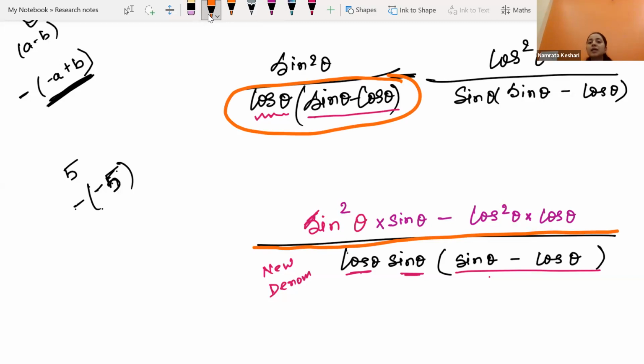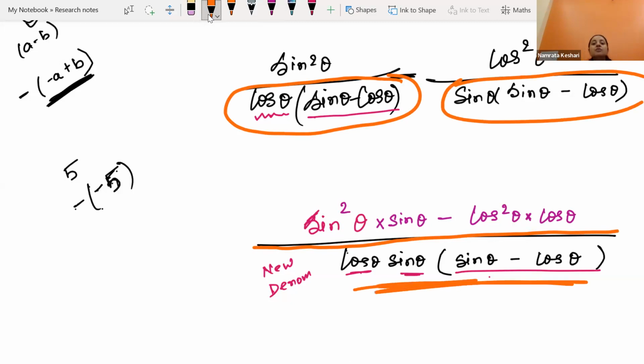So we will be doing the comparison one by one. This first denominator has now changed to this one. First we will do the comparison of the first denominator with this denominator. Previously it was cos theta, sin theta minus cos theta. Now it is cos theta into sin theta minus cos theta.